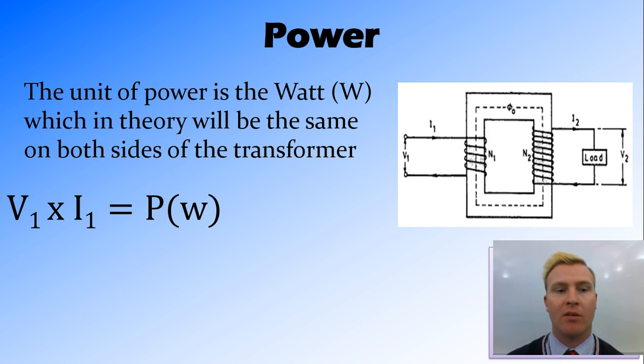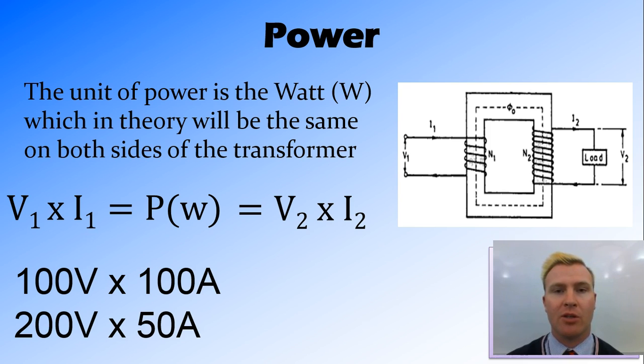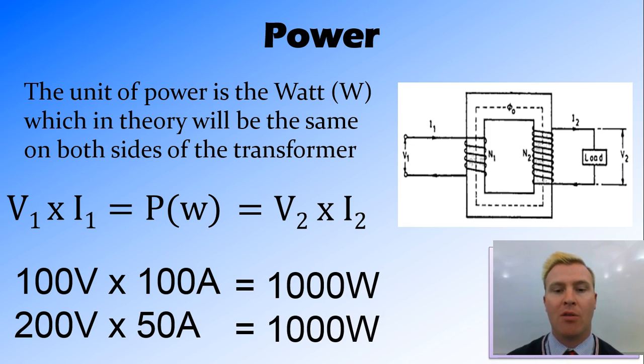So the voltage 1 times current 1 equals power, which will equal the voltage 2 times the current 2. And using the numbers that we got, we had 100 volts and 100 amps come in, and 200 volts and 50 amps come out, and both of these equal 1000 watts, giving us the same power on both sides.